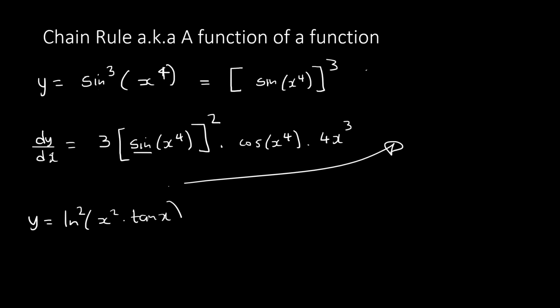They are multiplying, which means it's a product rule. So now do you see this ln squared is like sine cube. This squared is for the whole ln. It's for the whole ln. That's what it means.